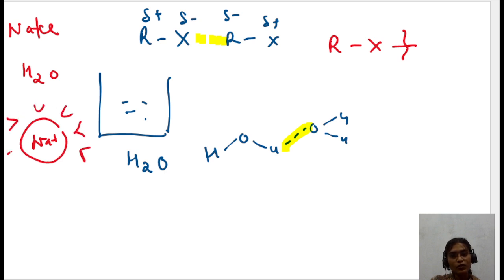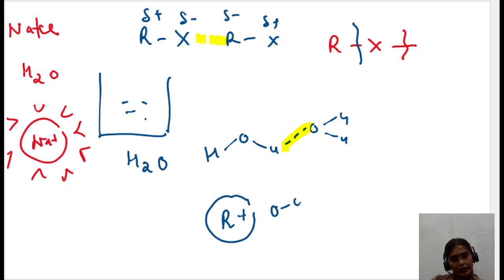Similarly here, first you break the alkyl halide, then you break the bond between the water molecules, and the third point is that water surrounds the halogen. Let's say it is breaking and we get R with a positive charge, and water molecules around it, because we know the oxygen has partial negative charge. So first it is bond breaking, same bond breaking, and the last point is bond formation.